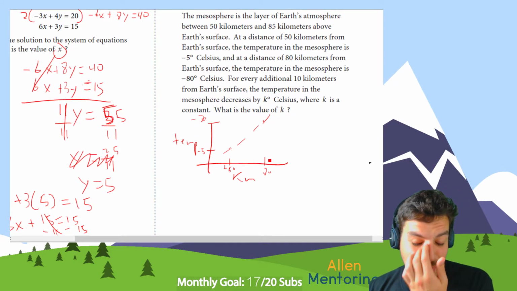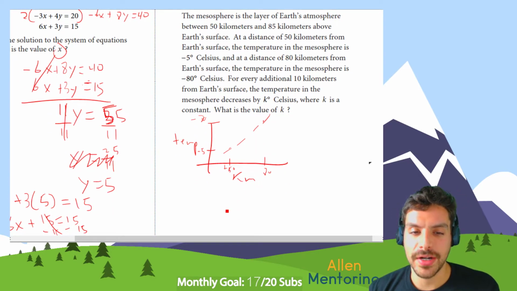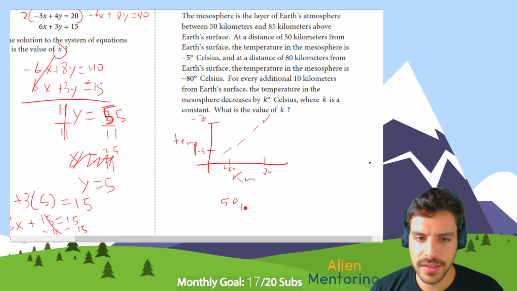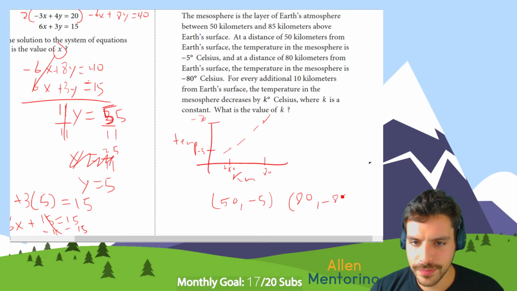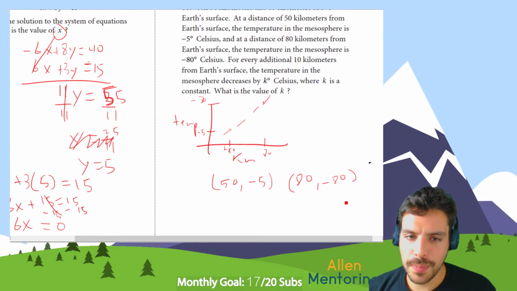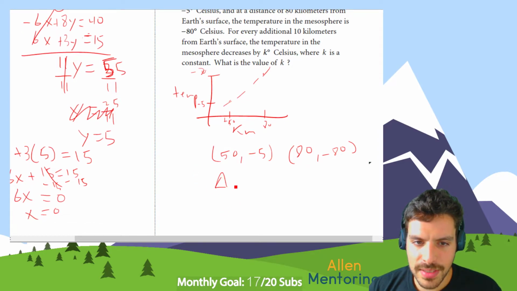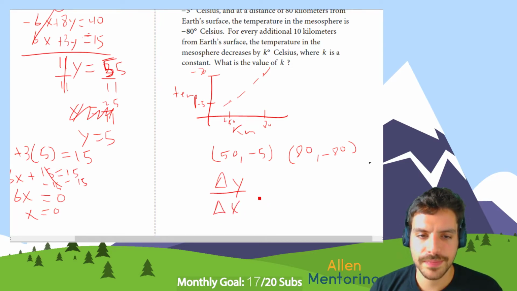So we can maybe rewrite these as two ordered pairs. That'll make it easier for us to visualize. So the first ordered pair is 50, -5. And the second ordered pair is 80, -80. So how do you find the slope between two ordered pairs? Well, same thing as always, difference of y's divided by difference of x's.